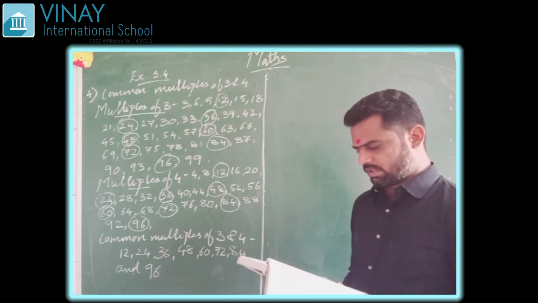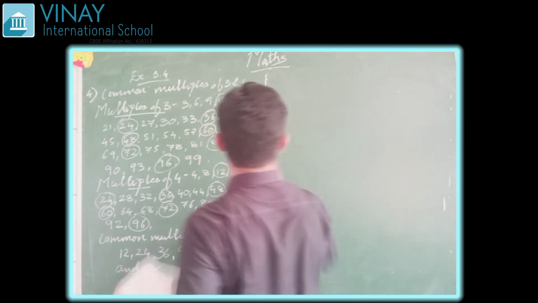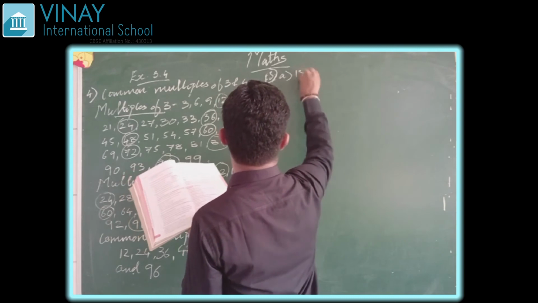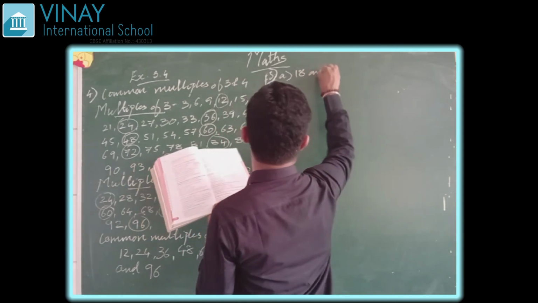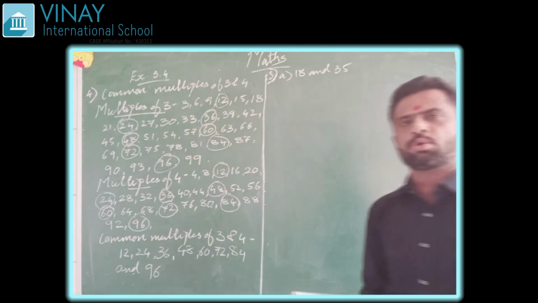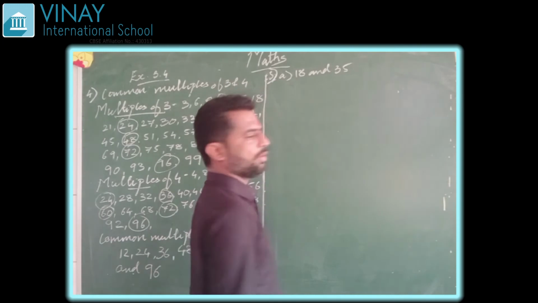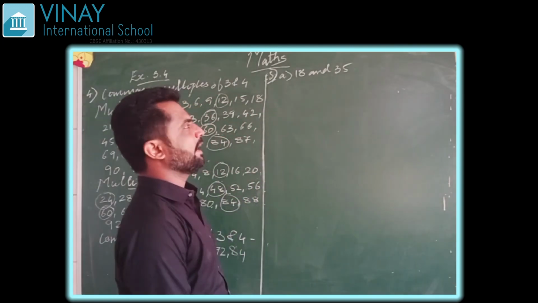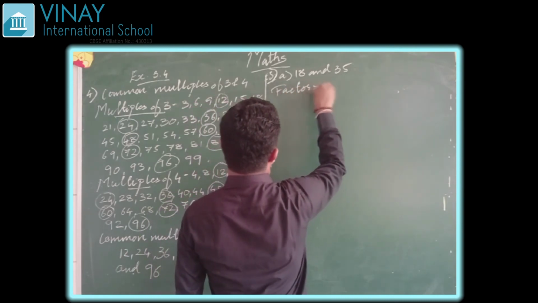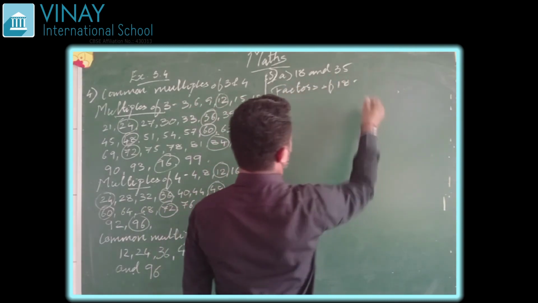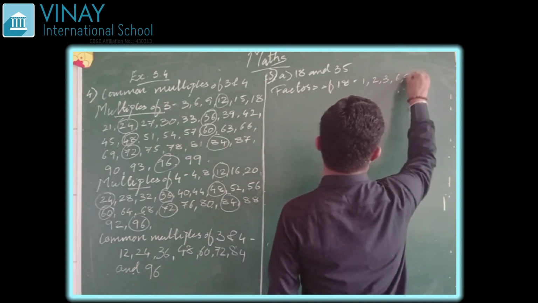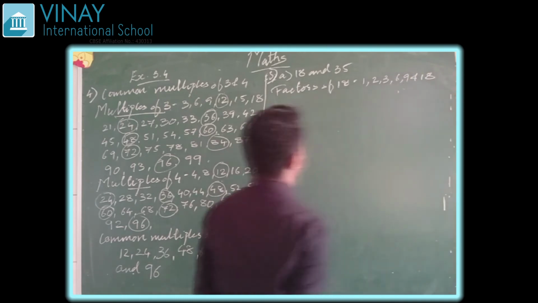Let us see question number 5. Which of the following numbers are co-prime? 18 and 35. As we had discussed earlier, co-primes are numbers which have 1 as their only common factor. Factors of 18 are 1, 2, 3, 6, 9 and 18.